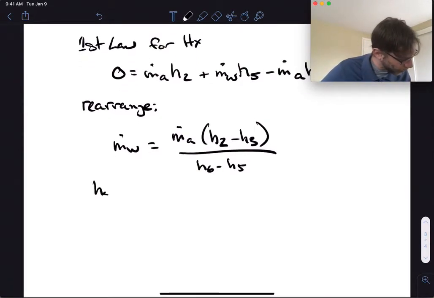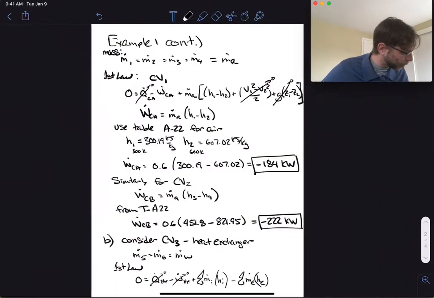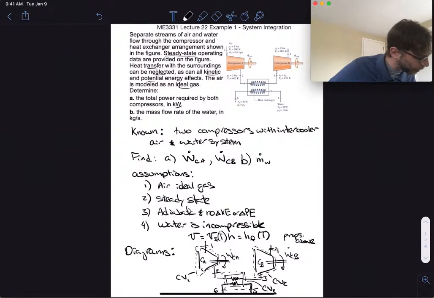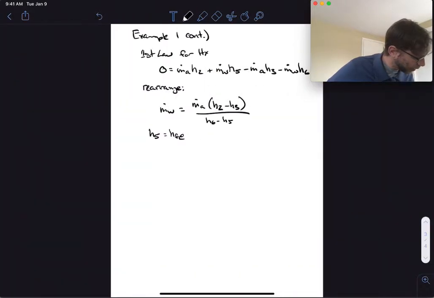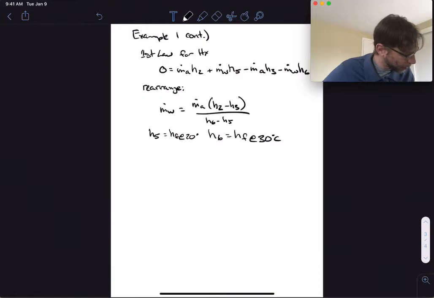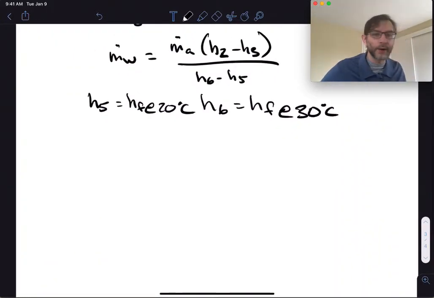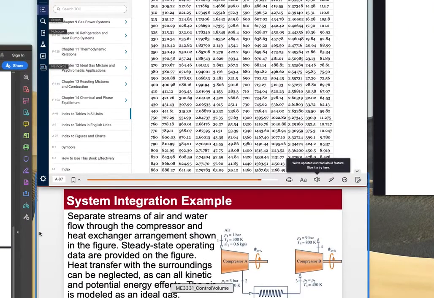So h5 is equal to hf of water at, oh boy, we have to go back a couple pages for this. That looks like h5 is at 20 degrees C, and h6 is equal to hf at 30 degrees C. Okay, so let's go back to the tables.